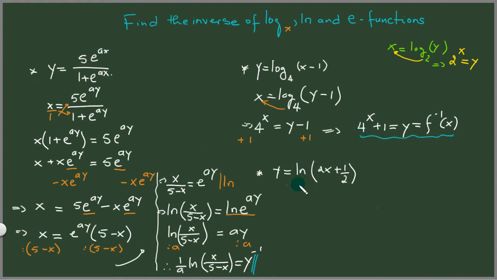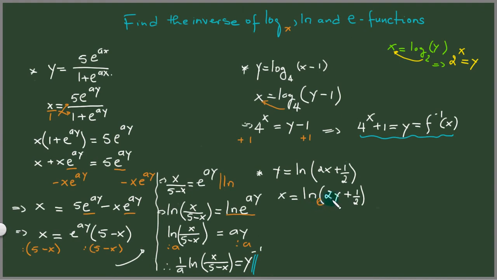And with the third one, we're going to do the same thing. First, starting by switching y and x, x equals ln of 2y plus 1/2. Now, when it's written like this, ln, it means that we have an e here. It's a natural logarithm, with e.